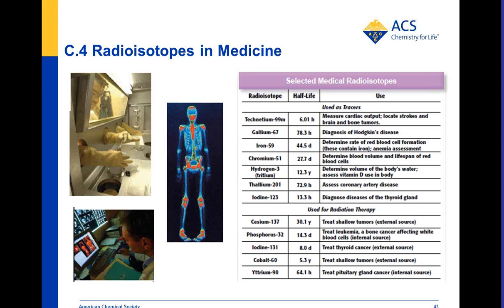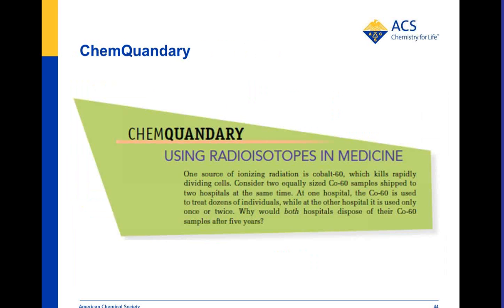So at the top part of the data, they have the use, and down below how they are used for radiation therapy. Okay, we could go to the next one.